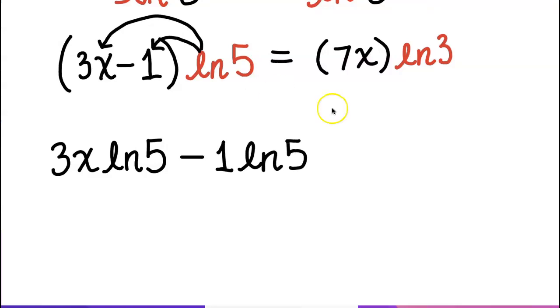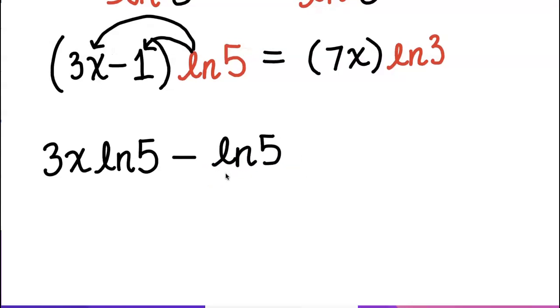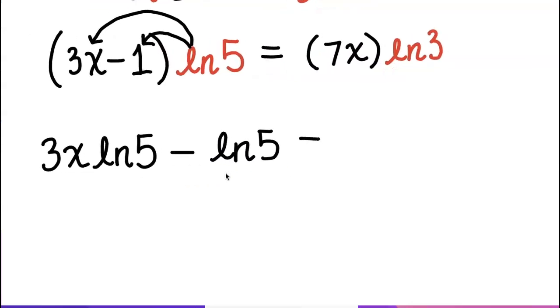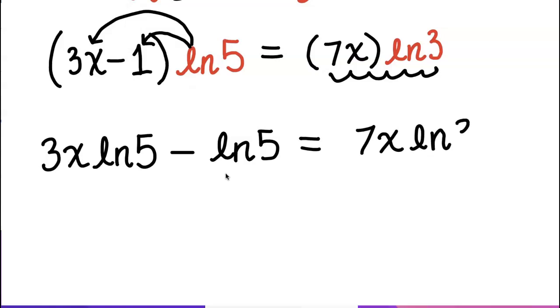Now, when the coefficient in front of natural log of 5 is 1, we don't really have to write 1, so I can erase that. But if that was 2 in front of it, you have to keep it, okay? Equals. I'll just write this right-hand side as 7x natural log of 3.